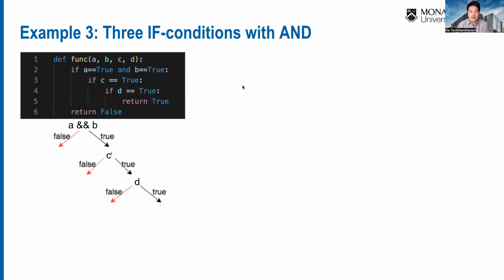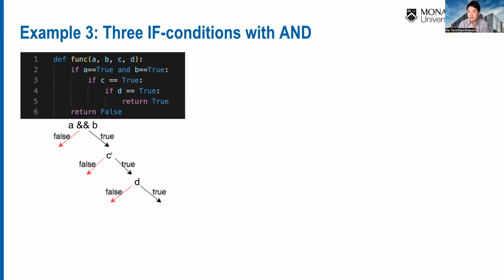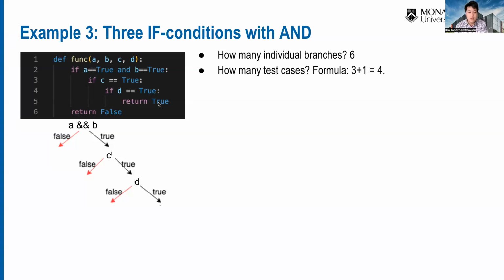So this is the example too. There are 3 if conditions, right? But let's say I make it more complex by adding and, or, like a more complex Boolean expression, such as and, or, xor, not, that kind of thing. As I mentioned before, when we talk about branch coverage, we look at the if statement only.